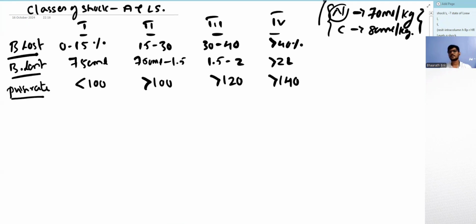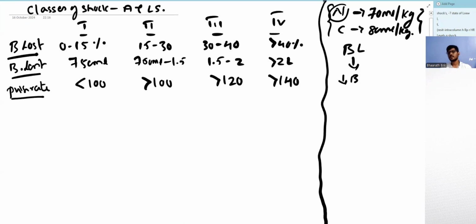Remember, in certain animals, when there is blood loss, there is a drop in BP. When there is a drop in BP, reflexively the heart rate should increase. But in certain animal experiments, it is found that when there is a drop in the blood pressure, there is a simultaneous drop in the heart rate.